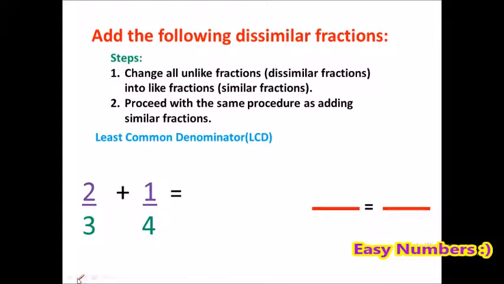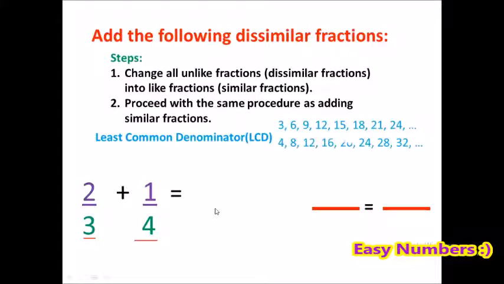Let us take a look at the denominators, which are 3 and 4. We're going to have the multiples of 3, which are 3, 6, 9, 12, 15, 18, 21, 24, and so on. Another is 4, which is 4, 8, 12, 16, 20, 24, 28, 32. Remember, these two can be extended until you find the least common number.